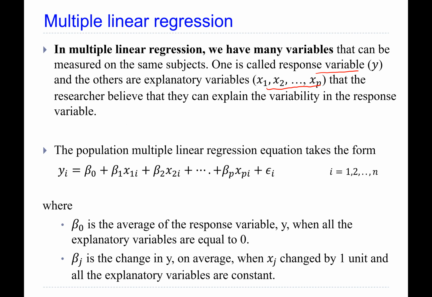Beta J is the change in Y on average when Xj changed by 1 unit and all the other explanatory variables are constant. When all the other explanatory variables are constant and we change only Xj by 1 unit, Y will change on average by beta J units.